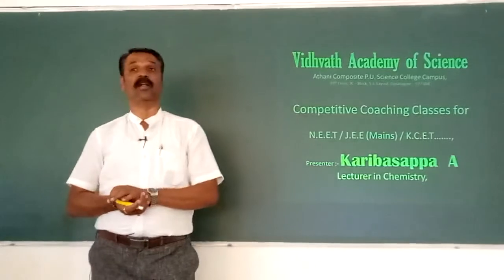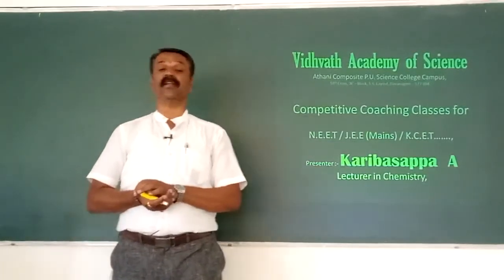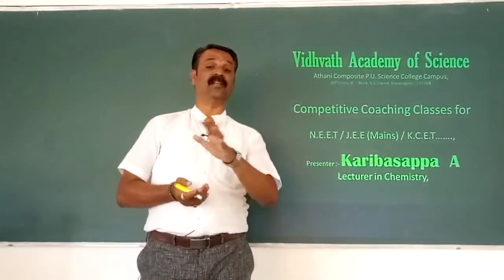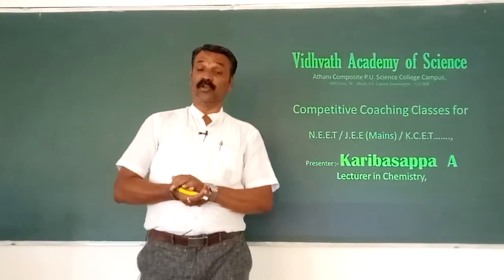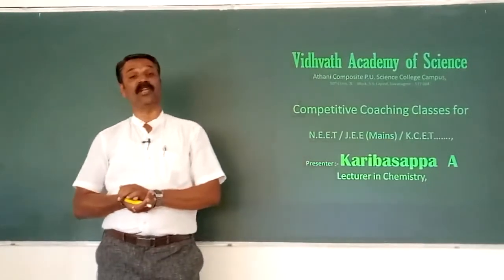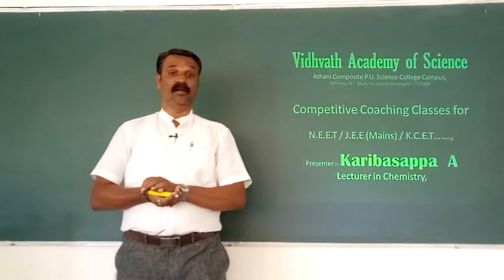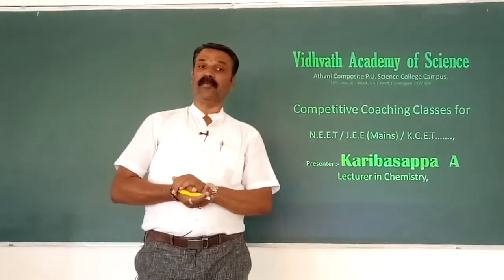elements, because we know that the main characteristic property with respect to the transition elements, usually the transition metals called as D block elements, is that they can form coordination compounds. Why?